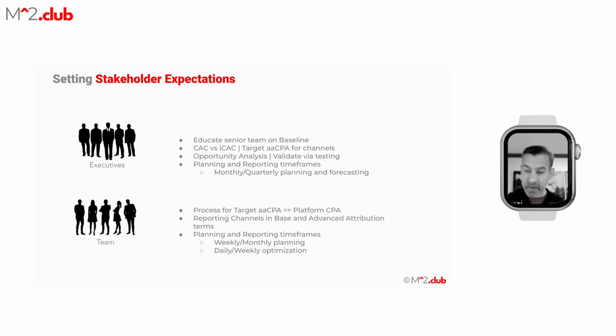Opportunity analysis. Okay, we talked about how, given the channel reporting, now you can see which channels are over the target CPA line, under the target CPA line, and if you apply some meaningful assumed diminishing returns to the planning, now you can say, well, here is the chance for us to grow the business.